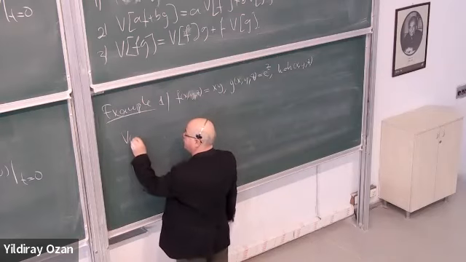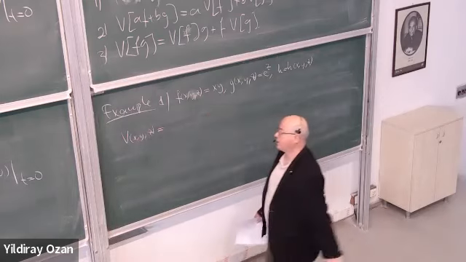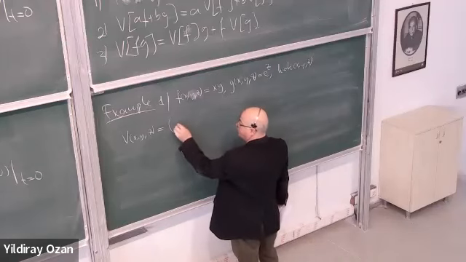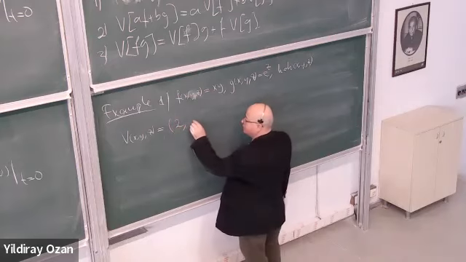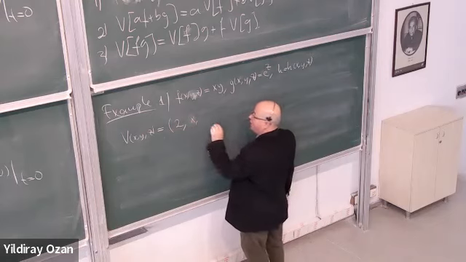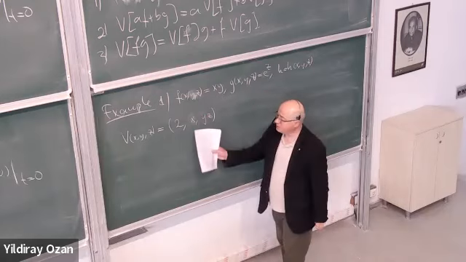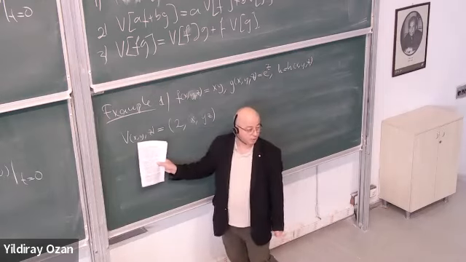At the point x, y, z, what is this vector? It will be a vector in R3. Suppose it is this vector: the first coordinate is x, and then y times z, at the point x, y, z.